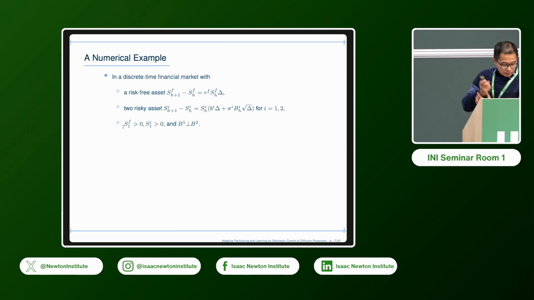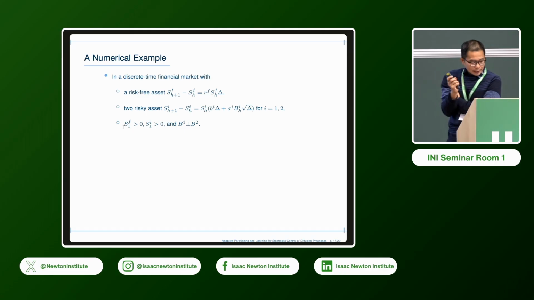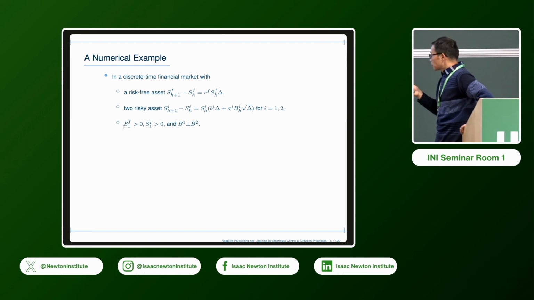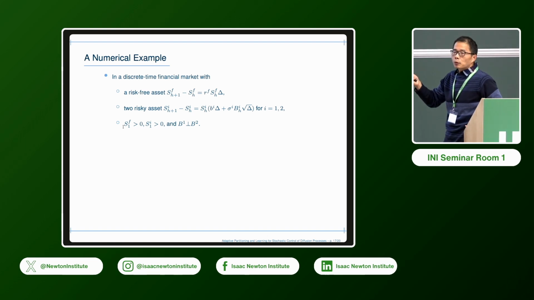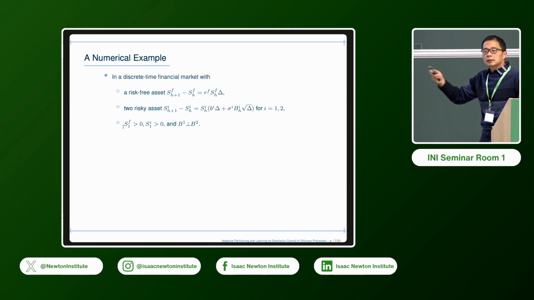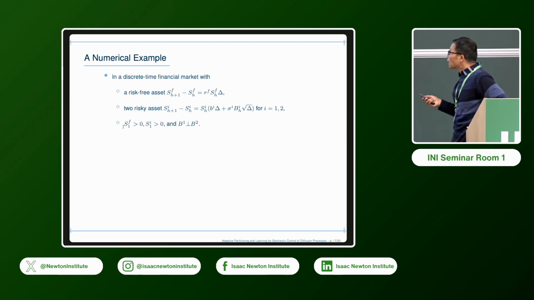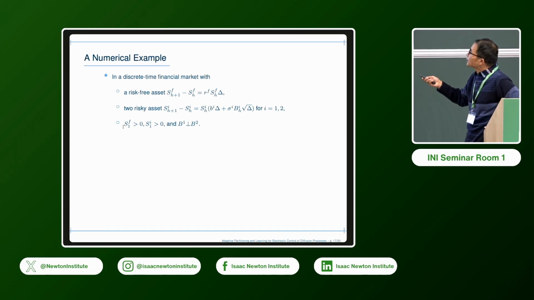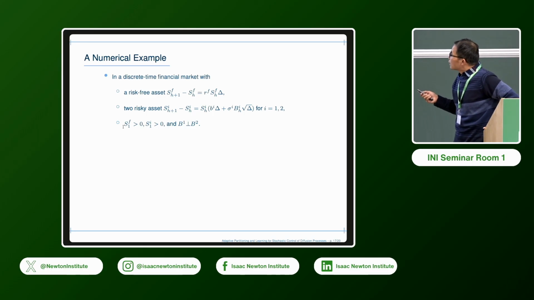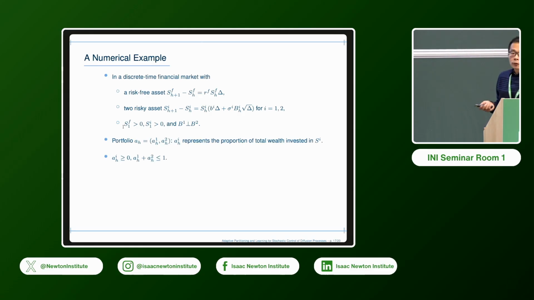Now let me show you a very simple example, which comes from mean variance portfolio selection. The mean variance portfolio selection is quite standard. We invest in a financial market with a risk-free asset and two risky assets with independent random sources.